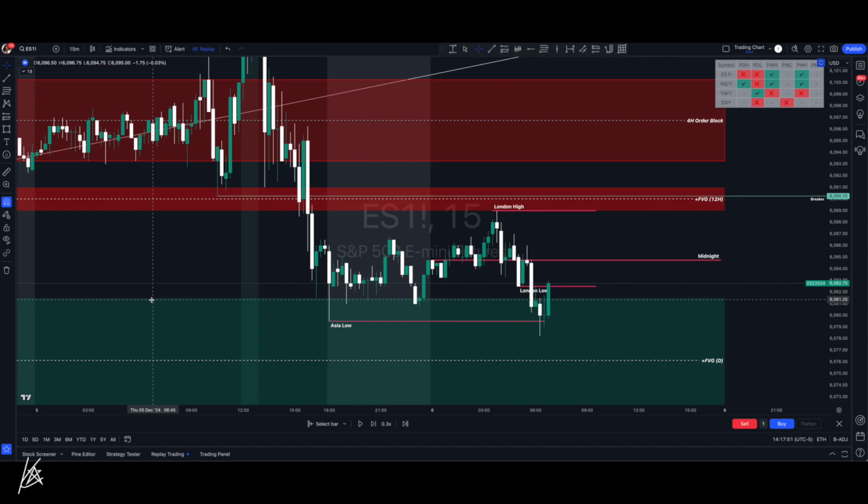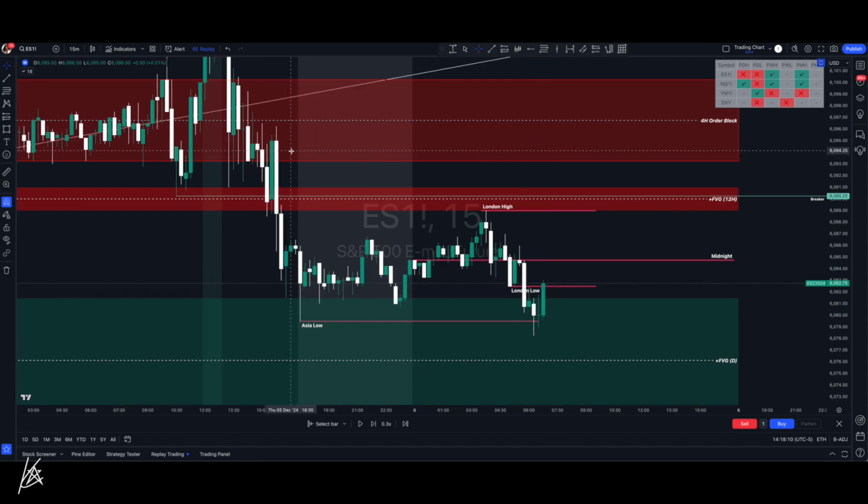So because I have a bullish bias, I'm going to be looking for the liquidity to be taken at the low and to be used to take price higher. As you can see, we've already taken London low just after Asia. Okay, this is 6:15. Price came down here, took London low, immediately started setting up for upside.